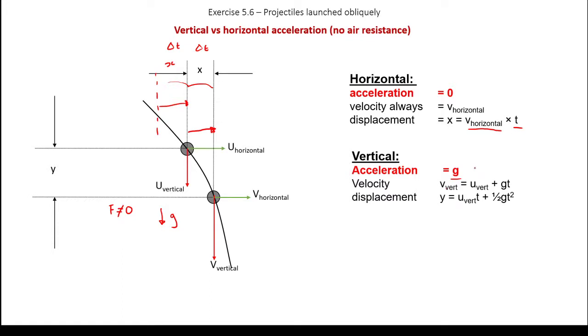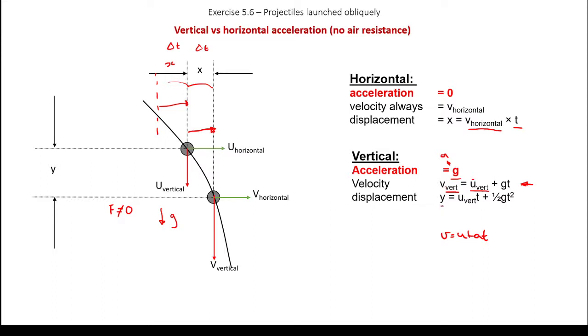Now, if we substitute that a value into our v equals u plus at, we get this lovely equation here, which tells us the vertical velocity component at any point in time. You need the initial vertical component, and then after a given time and gravity, we'll get our vertical velocity at that point in time.